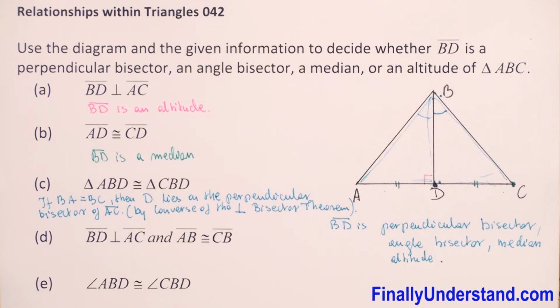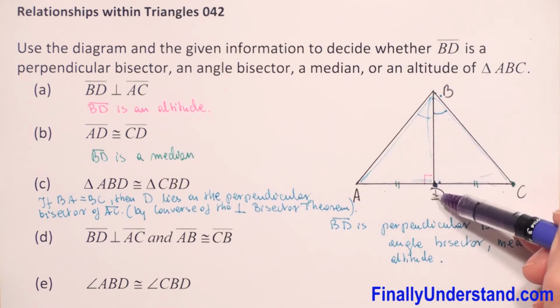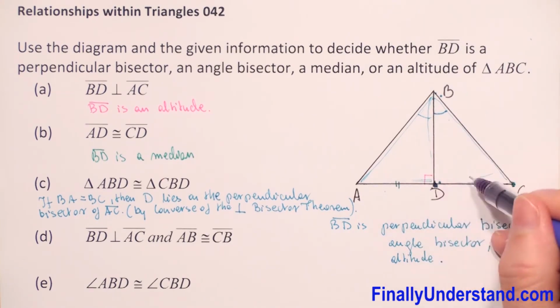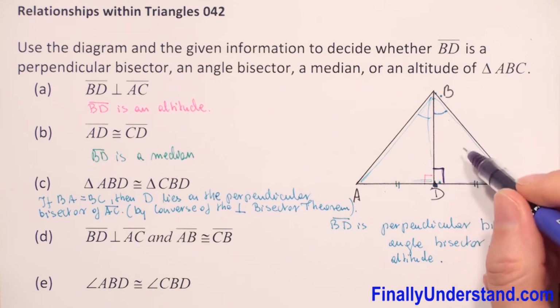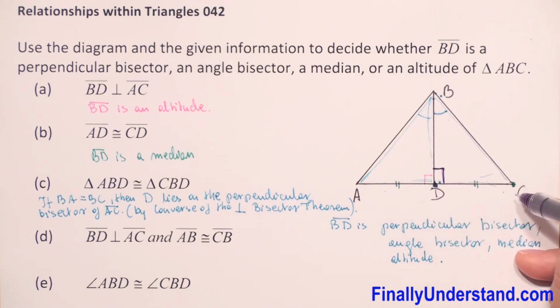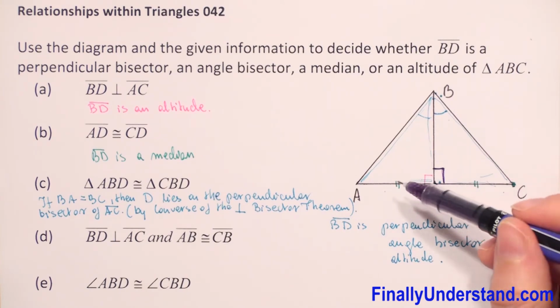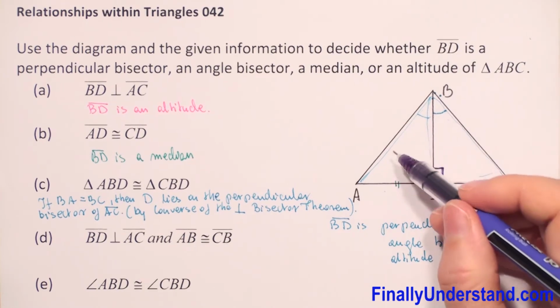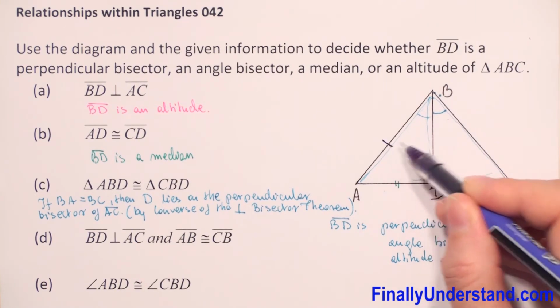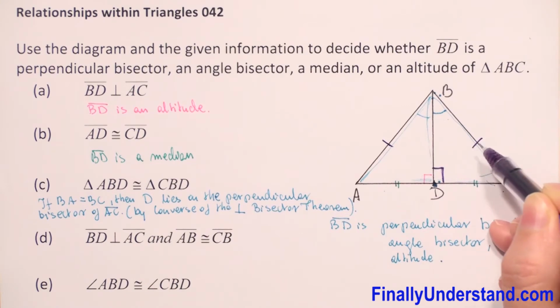We are given in the question that BD is perpendicular to AC. Now I will use this purple color. We have a right angle between BD and AC, because BD is perpendicular to AC, and AB is congruent to CB. So this side is congruent to that side.